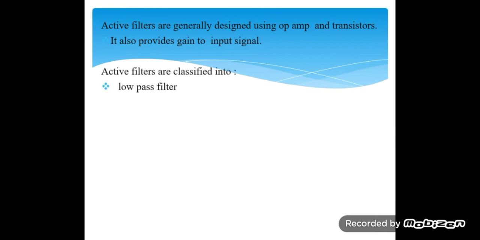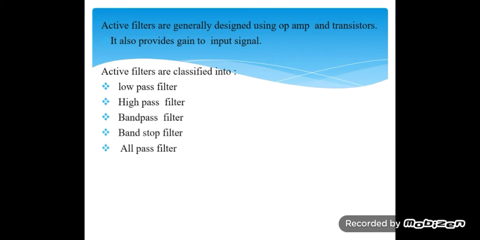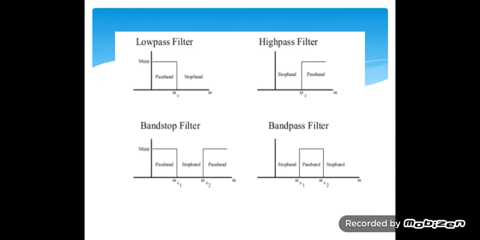Active filters are classified into 5 types, which are low pass filter, high pass filter, band pass, band stop and all pass filter. Over here, low pass filter allows only the frequencies lower than the cutoff frequency, and high pass filter allows the frequencies higher than the cutoff frequency and blocks the frequencies lower than the cutoff frequency.